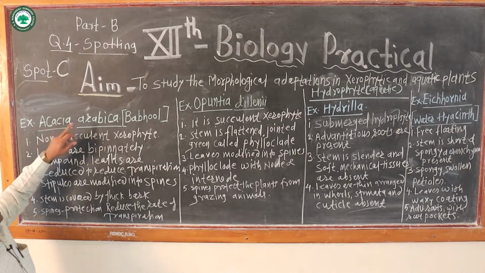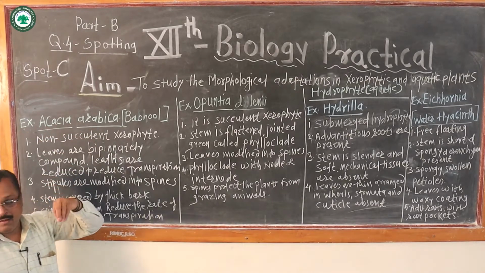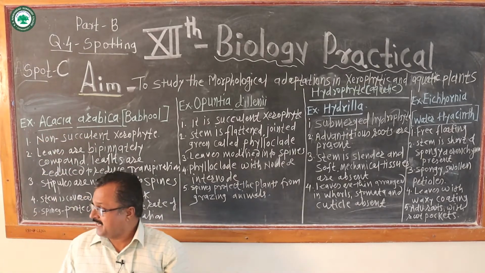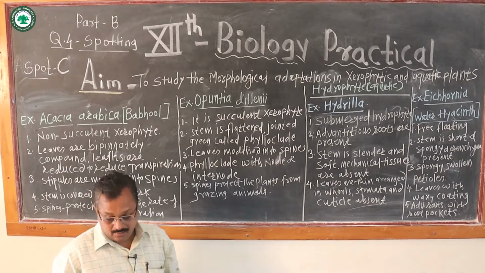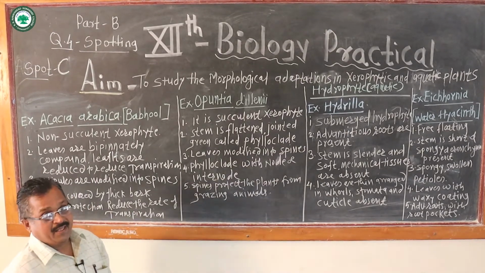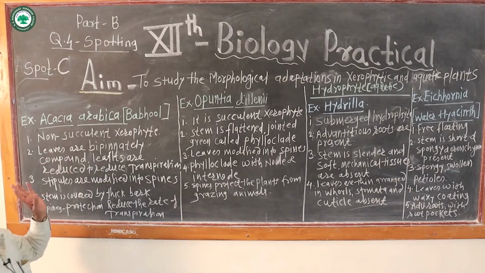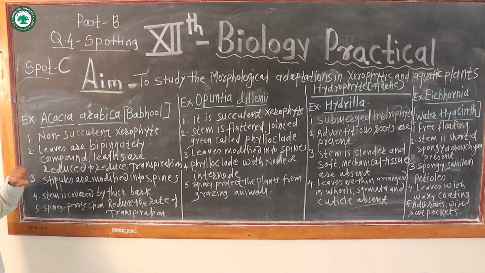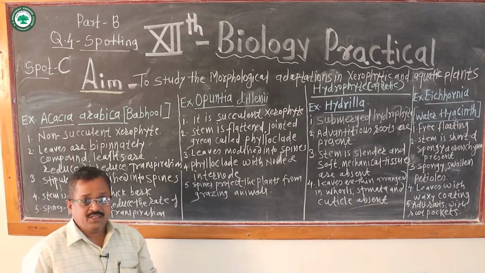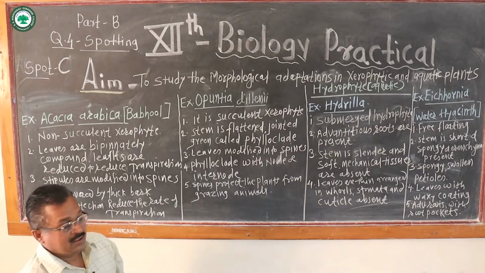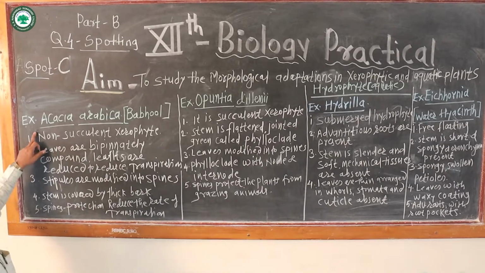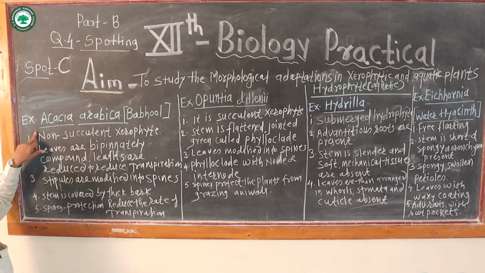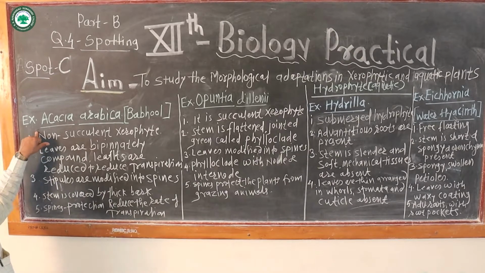For example, Acacia arabica. Why will you identify this as Acacia arabica? Give the reason to identify the specimen. What are the characteristic features of this plant? This plant grows in a desert area where there is scarcity of water.